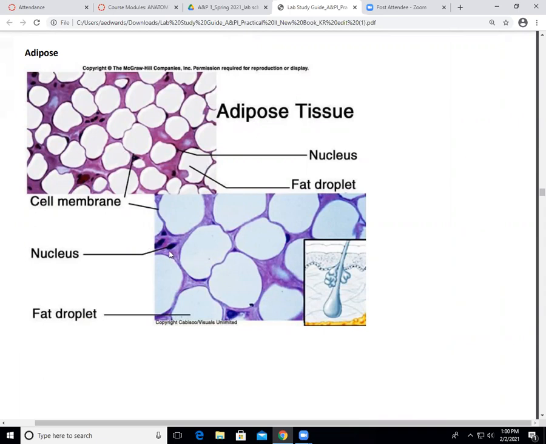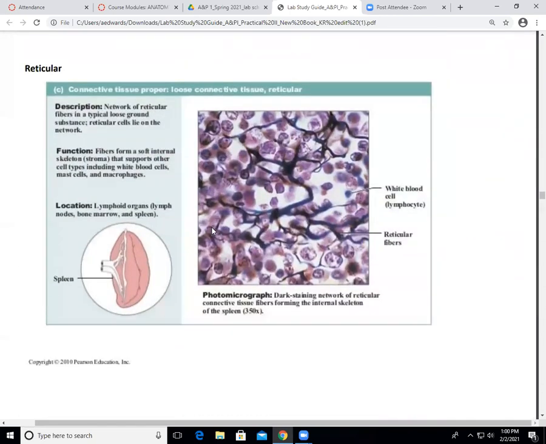And again, there's a nuclei on the sides. All right, so we've also got reticular connective tissue. The biggest way I can tell you how to identify this are these kind of striking black lines. Those are your reticular fibers. So if you see reticular fibers, it's generally going to be reticular tissue.